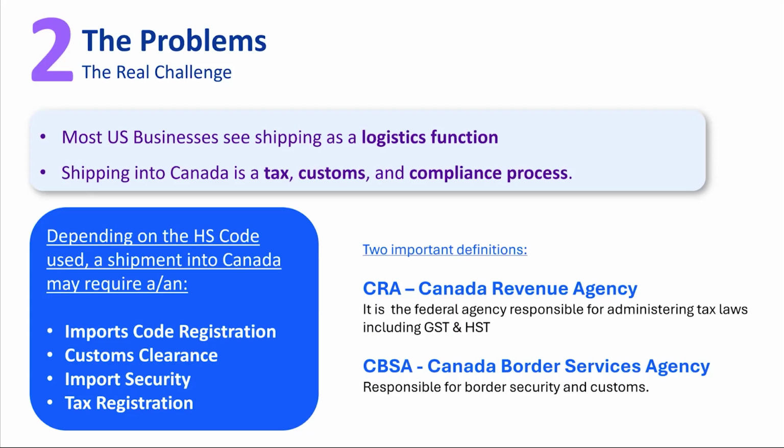What we find is that you can't ship until you ultimately have some of these processes in place. Two of those key processes that many businesses hear of is that you require a business number. A business number is issued by the Canadian Revenue Agency, and that's something we'll touch on a little bit more shortly.